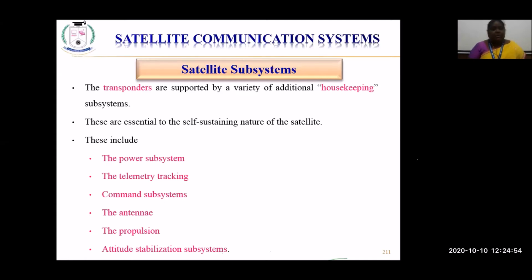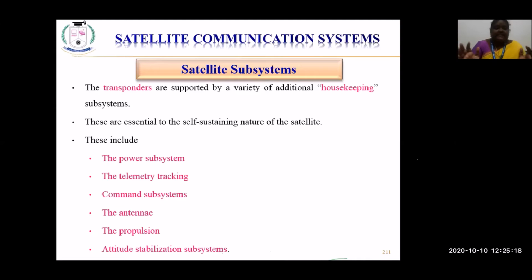These include, first and foremost, the power subsystem, the telemetry, tracking and command subsystem, the antennae used for transmission and reception, the propulsion system, and then the attitude control subsystems. So these are the different subsystems that are part of the satellite subsystem.